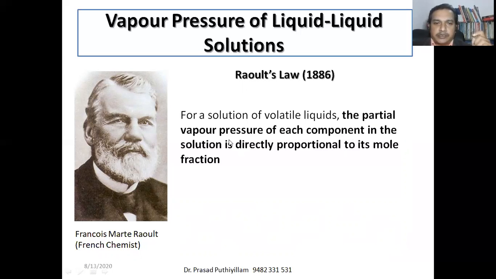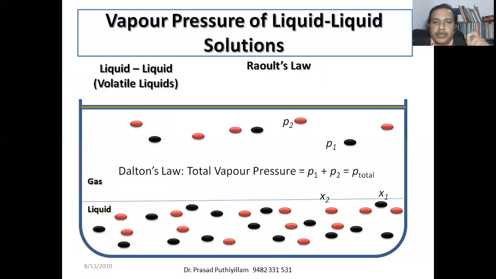If partial pressure is represented by P and mole fraction by X, then simply P is directly proportional to X. Here two components are there, 1 and 2, their partial pressures are P1 and P2, and their mole fractions are X1 and X2.